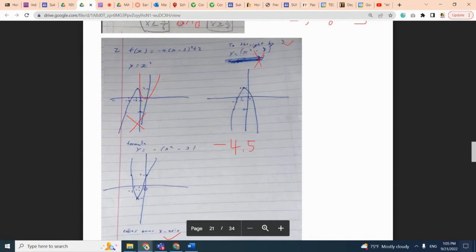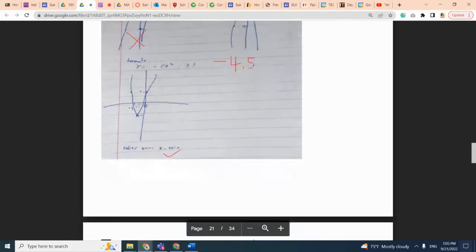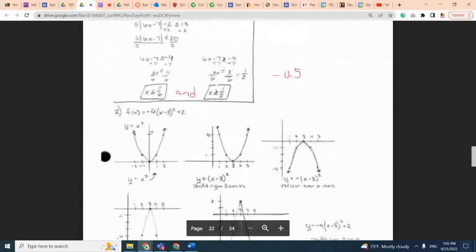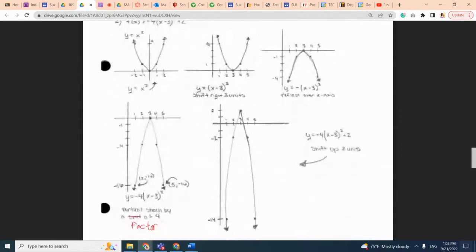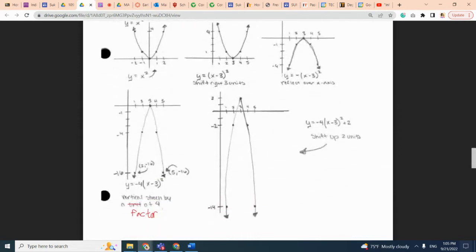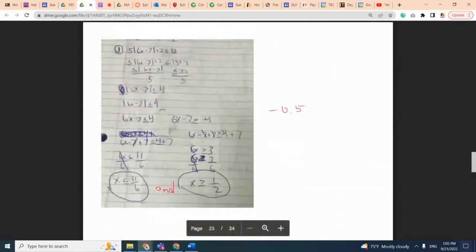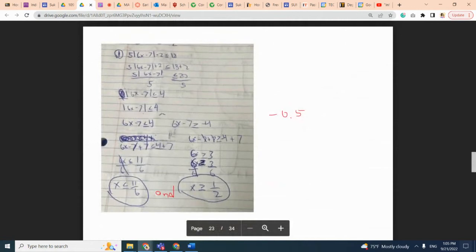So review the notes, and come to see me, okay, if you have questions. And here, oh, thank you. Forgot the and, okay? That's very important. And how about here? Oh, vertical stretch by a factor of 4, okay? And right. Yes, missing the and or is very important. Don't miss that.